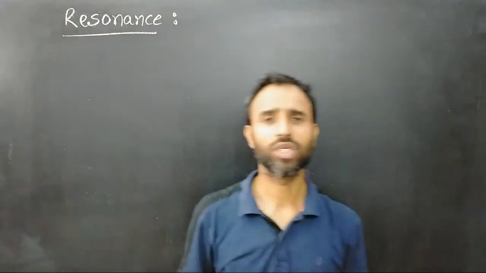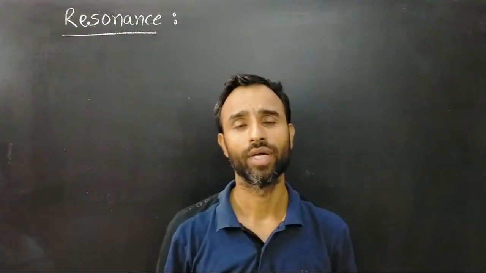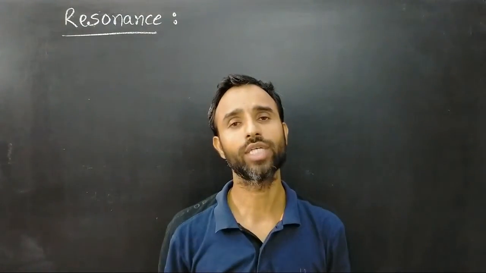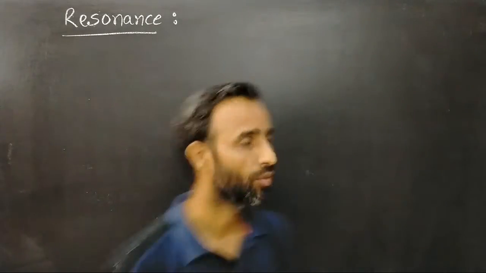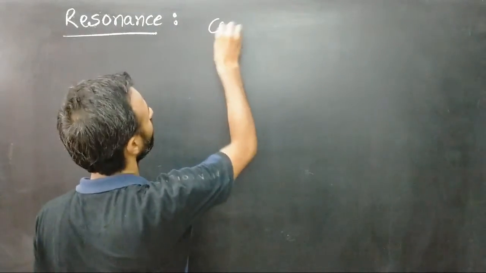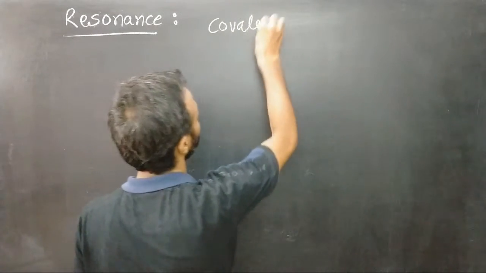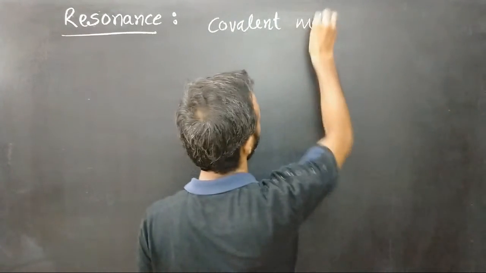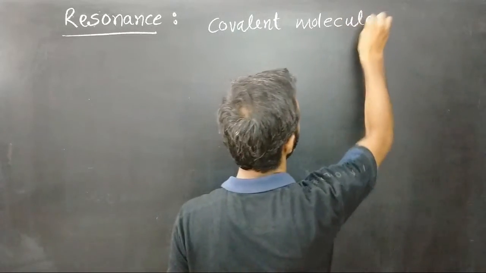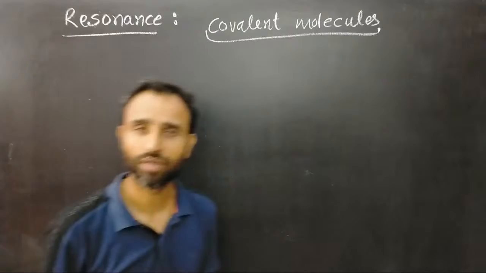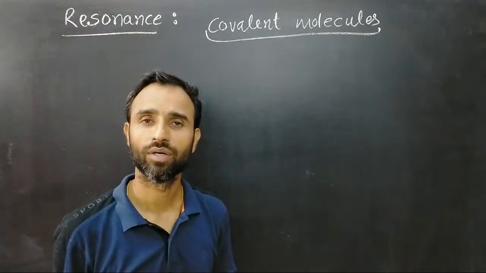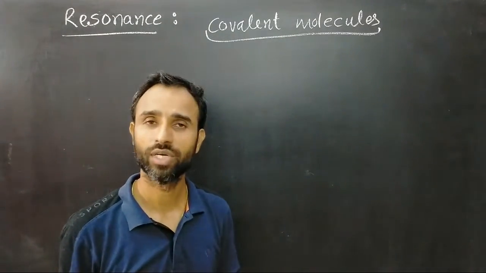Actually, some molecules we cannot explain all their properties by using Lewis structure, because all the covalent molecules, their structure is explained by drawing their Lewis structures.